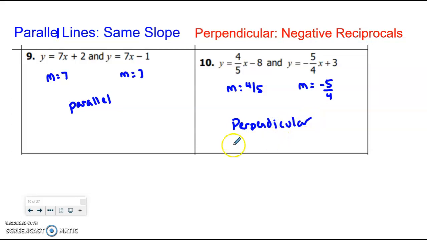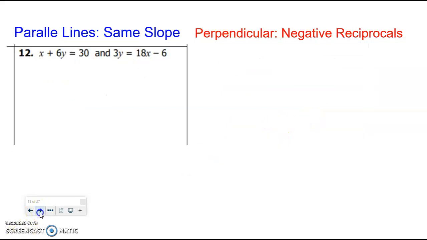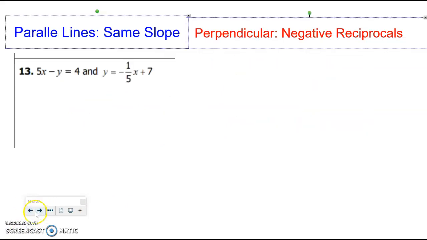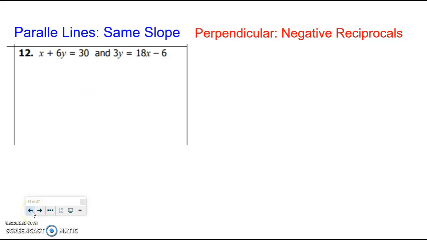Now let's look at a couple other ones that look a little bit different. We'll just jump to number 12, and I will write down number 11 for you right here, actually. If I look at number 11, I got y equals negative 1/3 x plus 2.